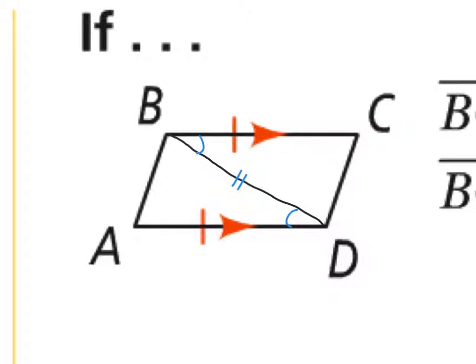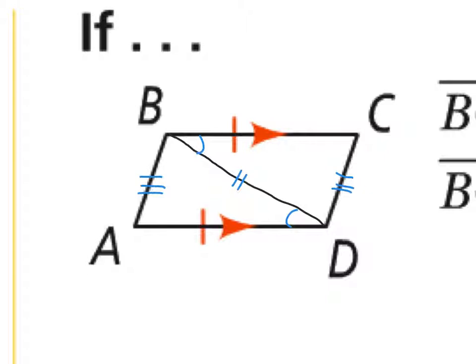Since I have congruent triangles, I then know that this side is congruent to, oops, I need 3 marks there, congruent to that side, because they're corresponding parts of congruent triangles. And now I'm able to say, well, wait a minute, we had just talked about a theorem there. That's Theorem 6-8. Theorem 6-8 says, hey, if the opposite sides are congruent, then it must be a parallelogram.